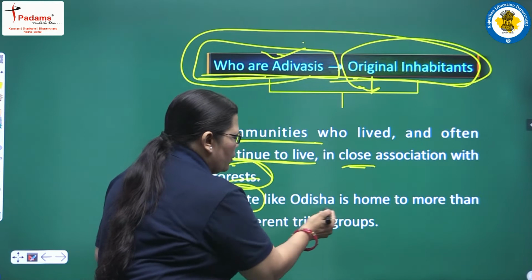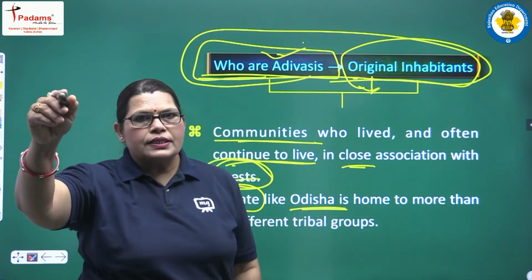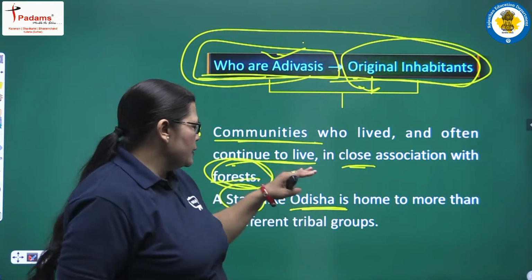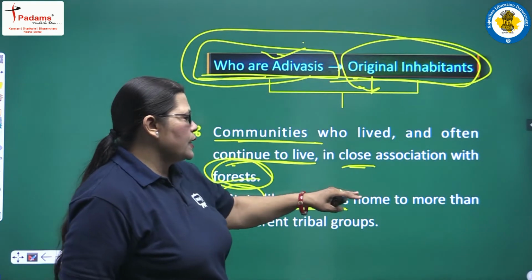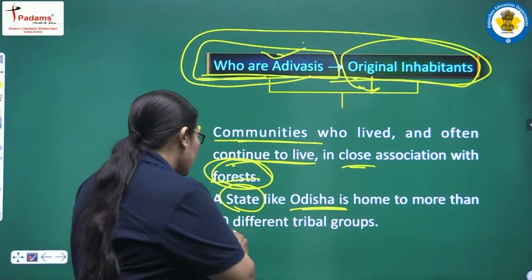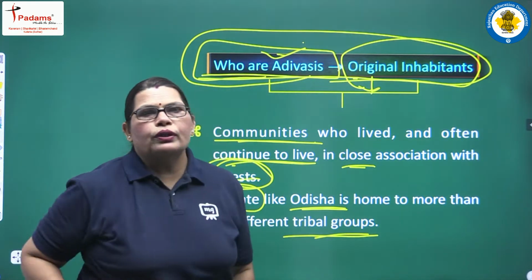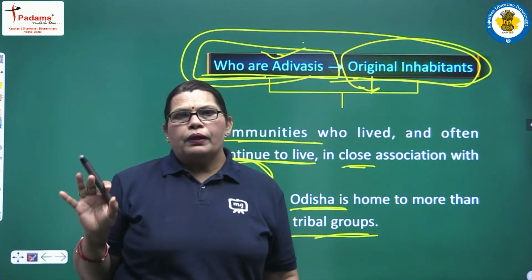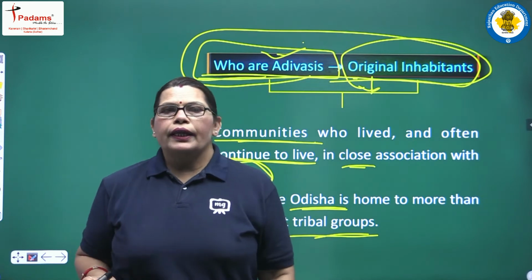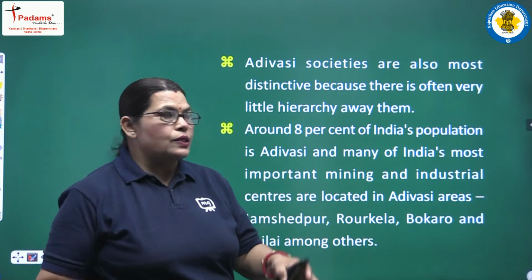A state like Odisha, when we are discussing the story of Dadu, is home to more than 60 different tribal groups. It means more than 60 different tribal groups are living in Odisha at present also.